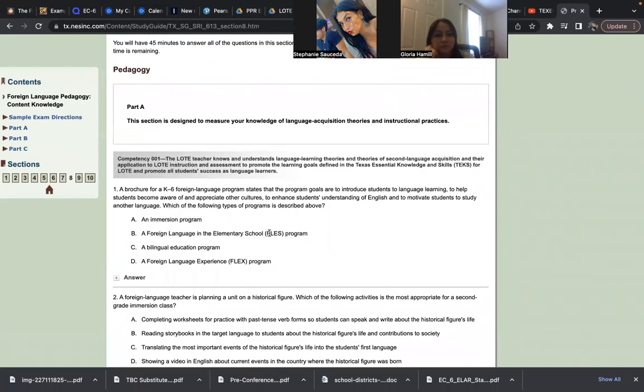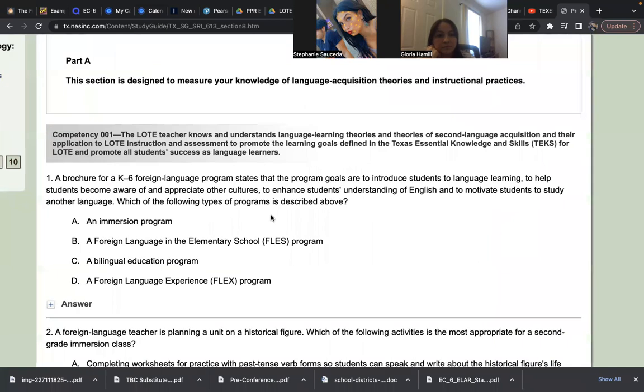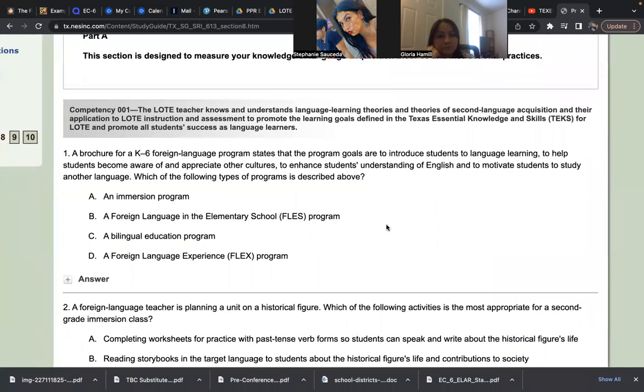So this one is over competency 1, and it says the LOTE teacher knows and understands language learning theories and theories of second language acquisition and their application to language other than English instruction and assessment to promote the learning goals defined in the Texas Essential Knowledge and Skills, or TEKS for short, for LOTE, and to promote all student success as language learners.